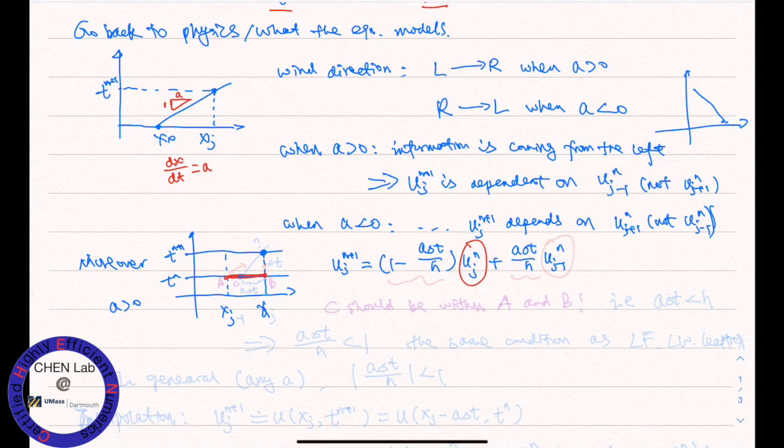So it's a linear combination of these two, and between these two, it determines the value at j, n+1. So this should be j, and this is j-1.